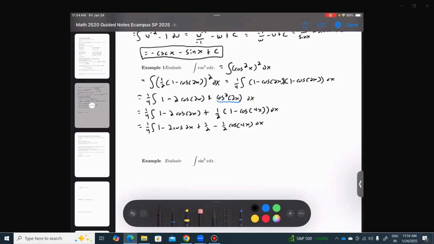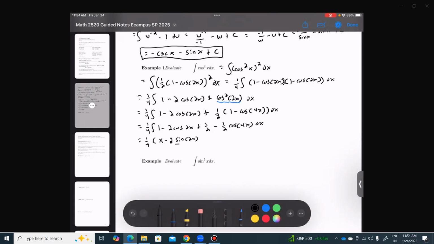And so we can integrate each of these. When we do, the first one will be x, and then 2 cosine of 2x. When we integrate that, we'll get sine. So we'll have 2 sine of 2x, and then I just gotta make sure this works out, because when we take the derivative of sine of 2x, we'll get cosine of 2x, but also multiply by 2.